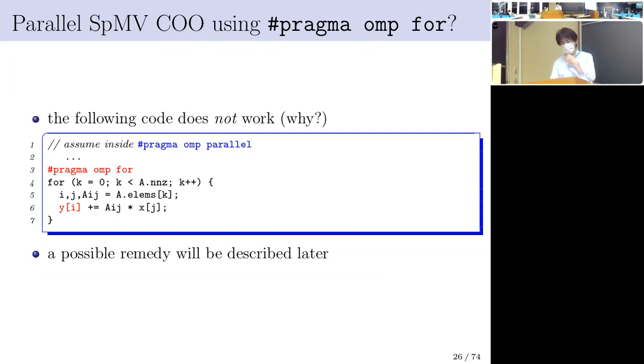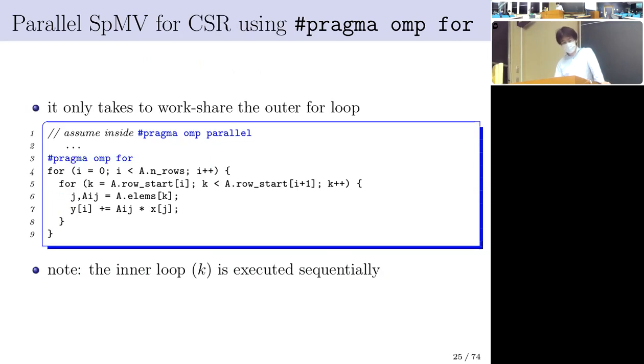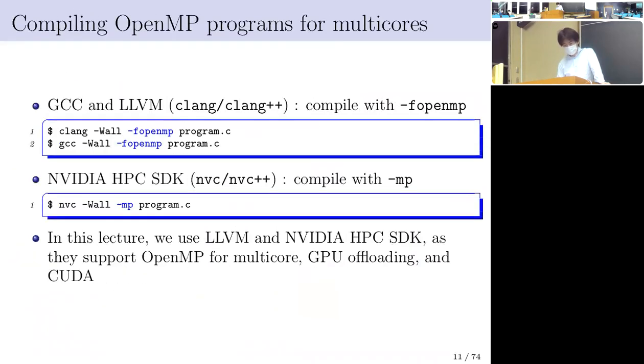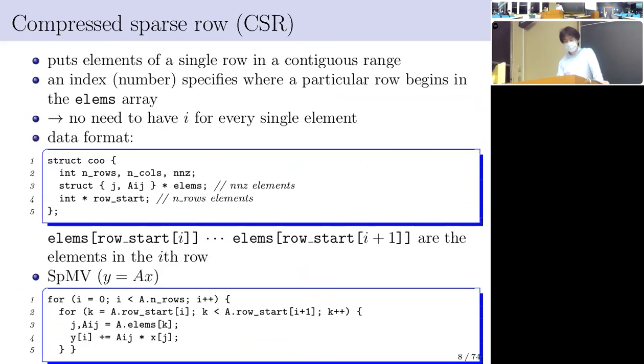One thing I'd like to note here, and I'll come back to this point later: maybe you remember there are two ways to represent a sparse matrix. One is something called compressed sparse row.